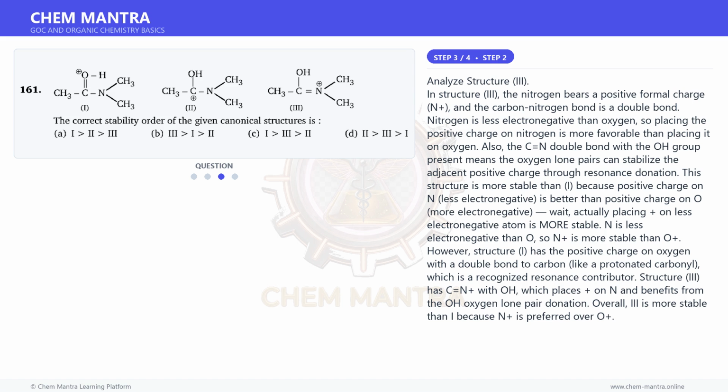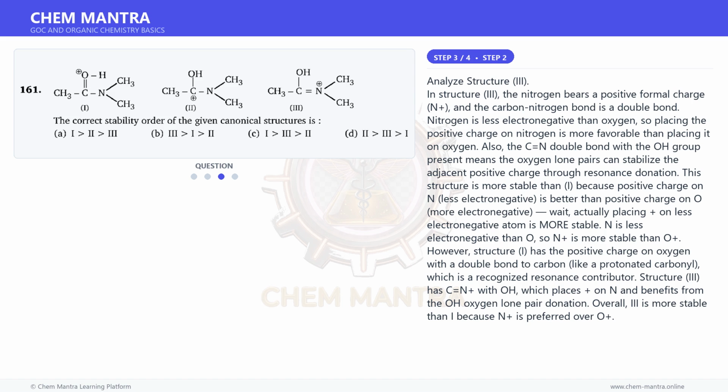This structure is more stable than I because positive charge on N, less electronegative, is better than positive charge on O, more electronegative. Wait, actually, placing plus on the less electronegative atom is more stable. N is less electronegative than O, so N+ is more stable than O+.